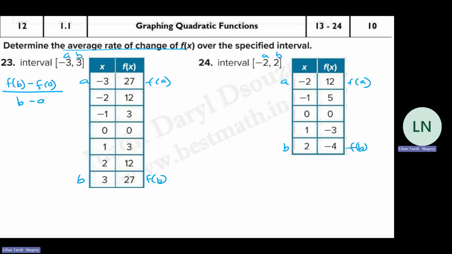So B minus A. 27 minus 27 over 3 minus negative 3. 0 over 6, that is 0.